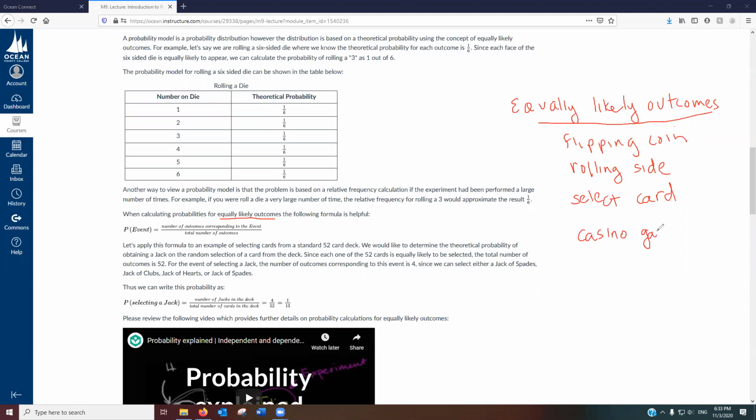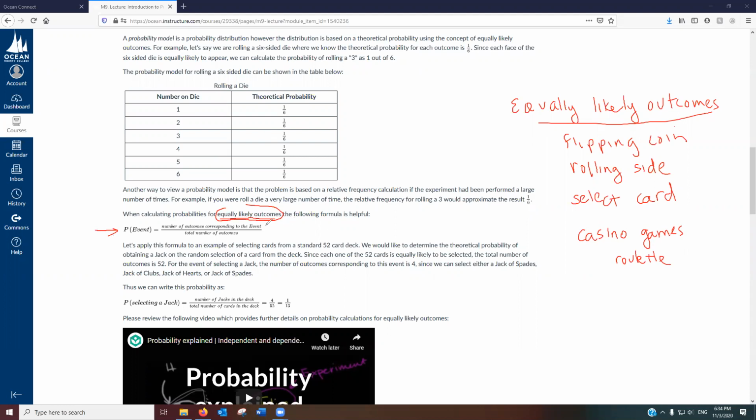If you think about a game like roulette, for example, if anyone knows the game of roulette, when you spin a wheel and a ball is equally likely to fall into any one of the 38 slots on a roulette wheel. So when you do have equally likely outcomes, here is the formula to use to calculate the probability.